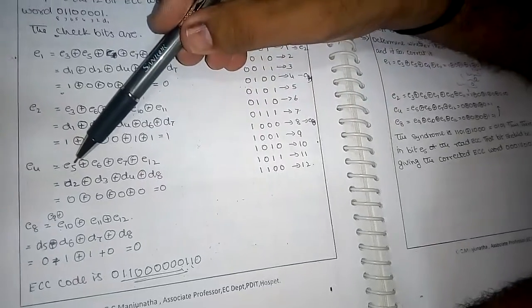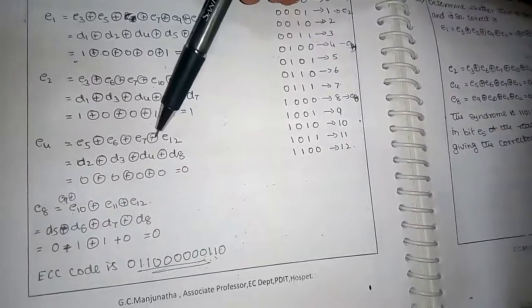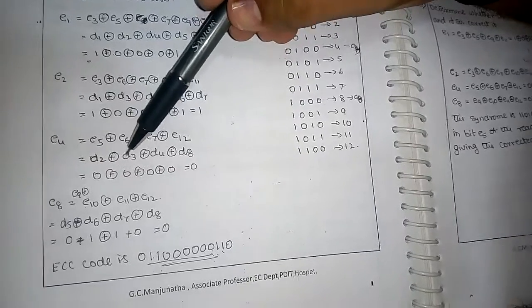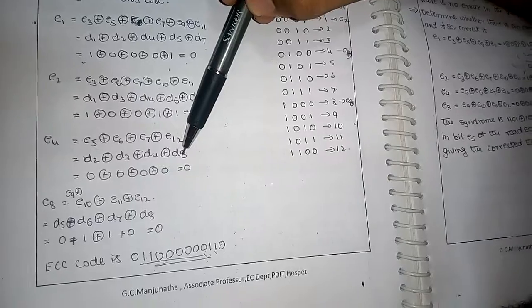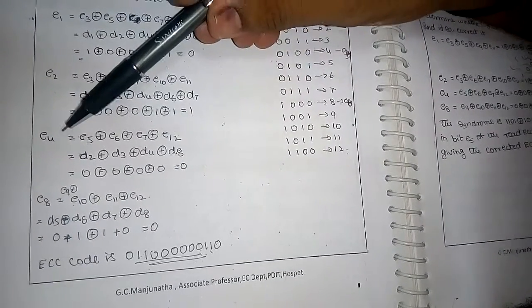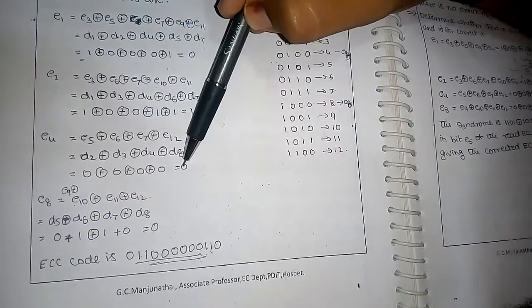E4 is equal to E5 XOR E6 XOR E7 XOR E12, that is D2 XOR D3 XOR D4 XOR D8. The corresponding values are placed, and we get E4 is equal to 0.